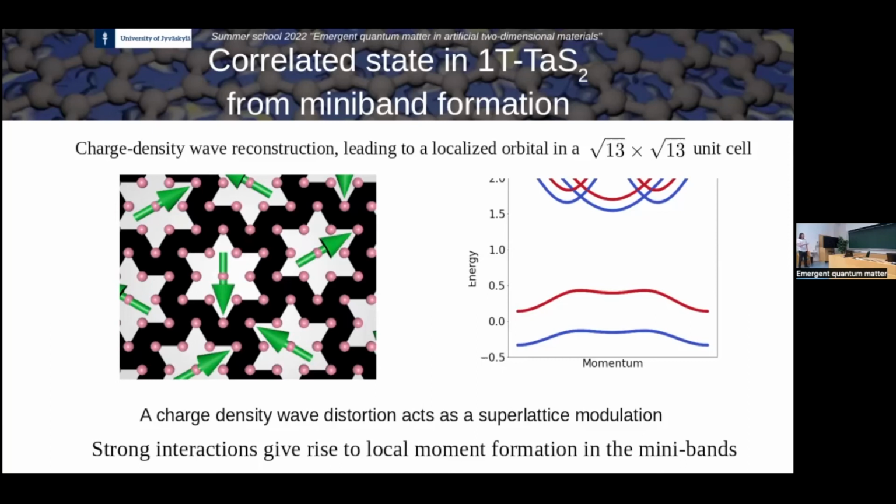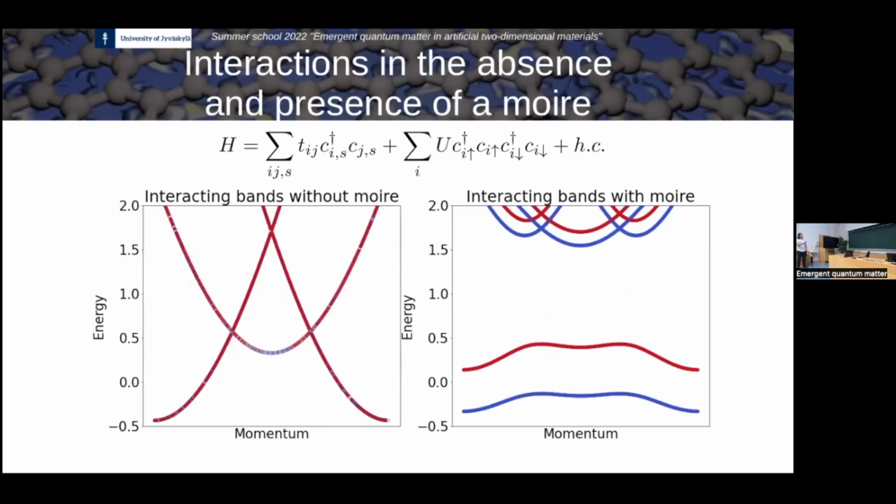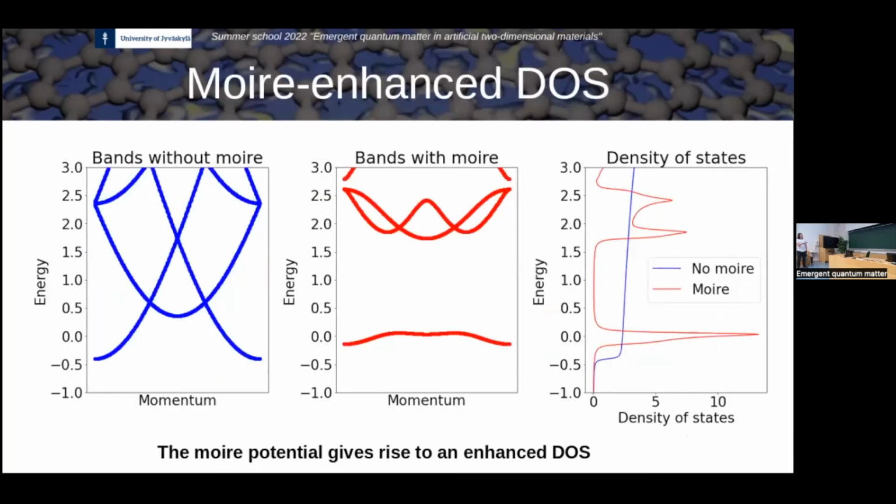And in particular, for the case of tantalum sulfide, that is one of the ones that we discussed yesterday, in particular the 1T allotrope, and this also happens in 1T allotropes of other TMDCs such as tantalum selenide, niobium sulfide, and so forth. What you actually get is that the charge density wave drives first the formation of a moire miniband, like the one that we saw here.